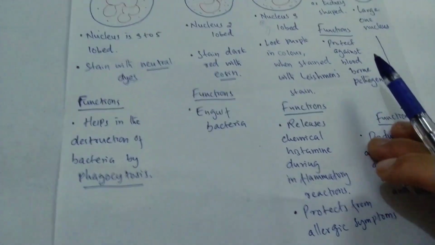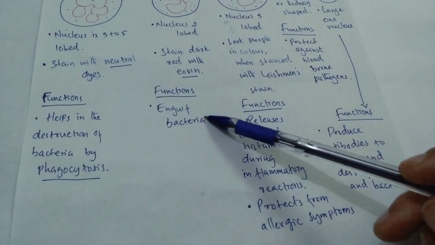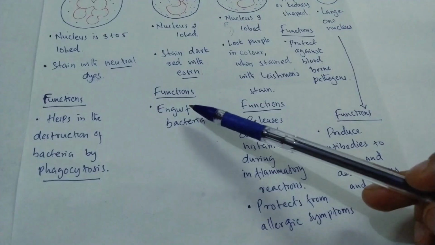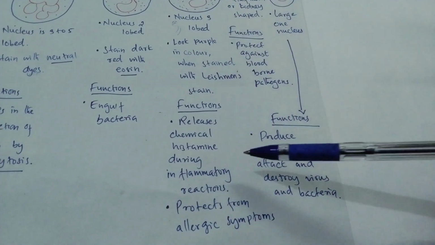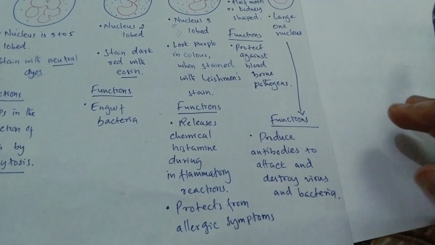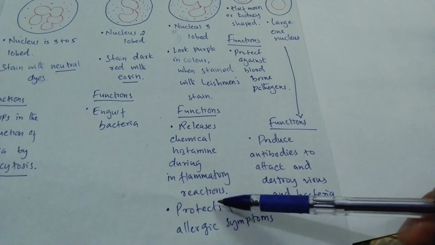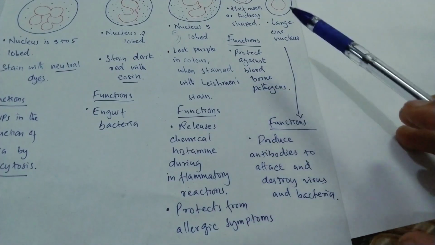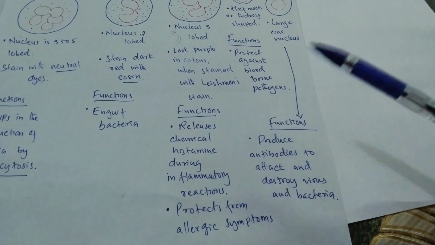Second we have eosinophils. The main function of eosinophils is to engulf bacteria. Thirdly, we have basophils. The main function of basophils is to release the chemical histamine during inflammatory reactions and also protect from allergic symptoms.